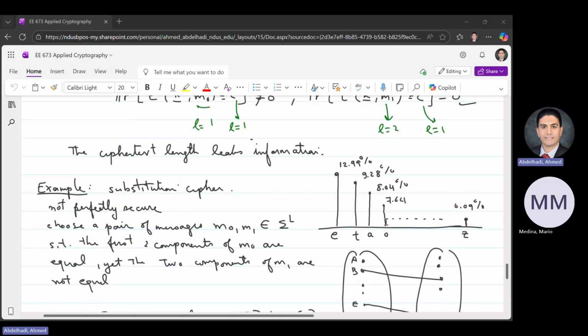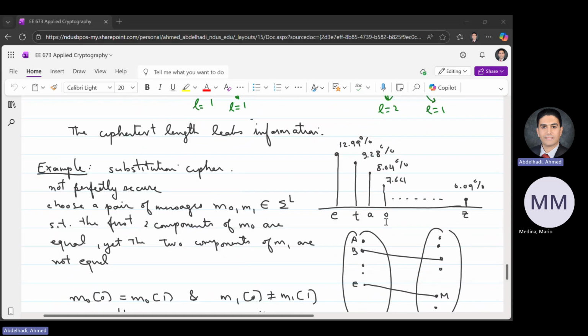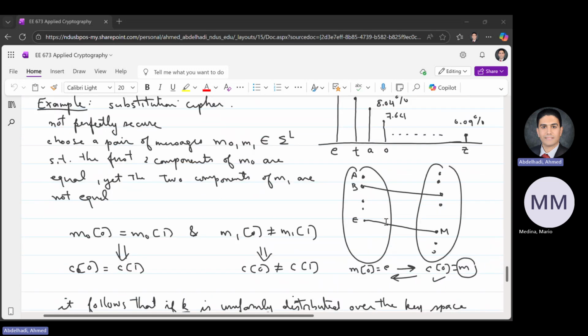We looked into the substitution cipher, which we said is also not perfectly secure, because some of the letters in the message will be more frequent than others. If you have enough samples from that sequence of encrypted messages, you can tell that a message is more likely.